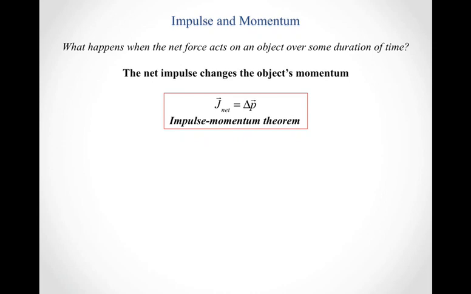So what happens when a net force acts on an object over some duration of time? Well, that net impulse acts to change the object's momentum. And so this relationship is known as the impulse momentum theorem. One thing to make sure is very clear is, again, I can ask you to calculate the change in an object's momentum.